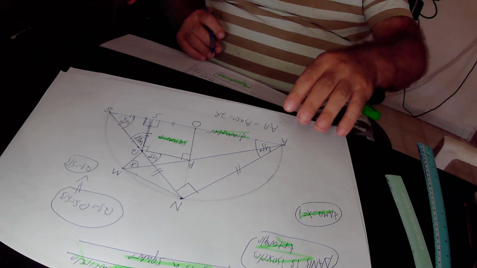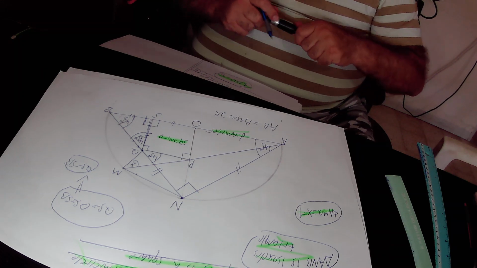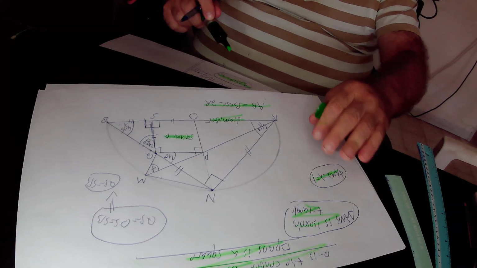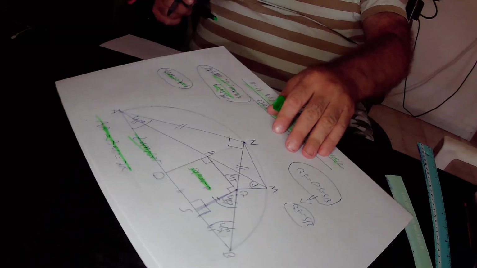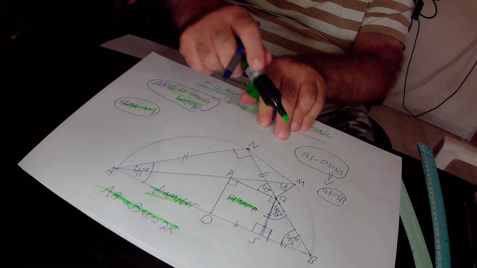So here we can implement rule 24 in our drawing, or in the right and isosceles triangle, triangle ANB.